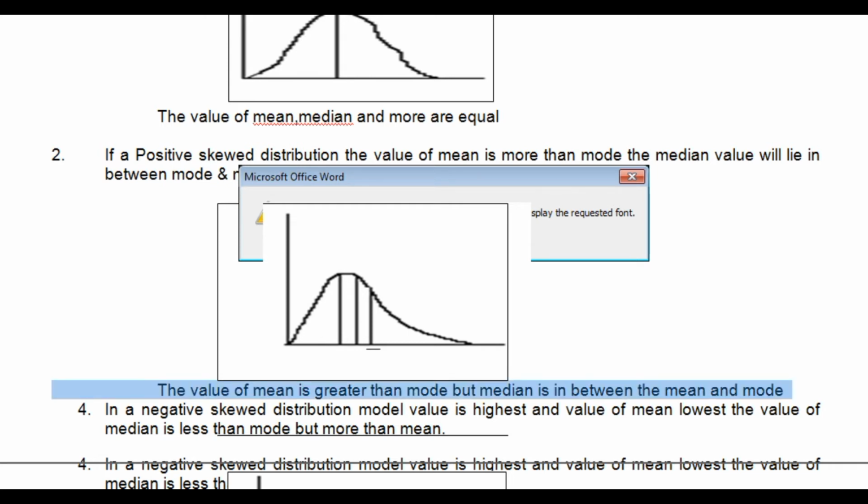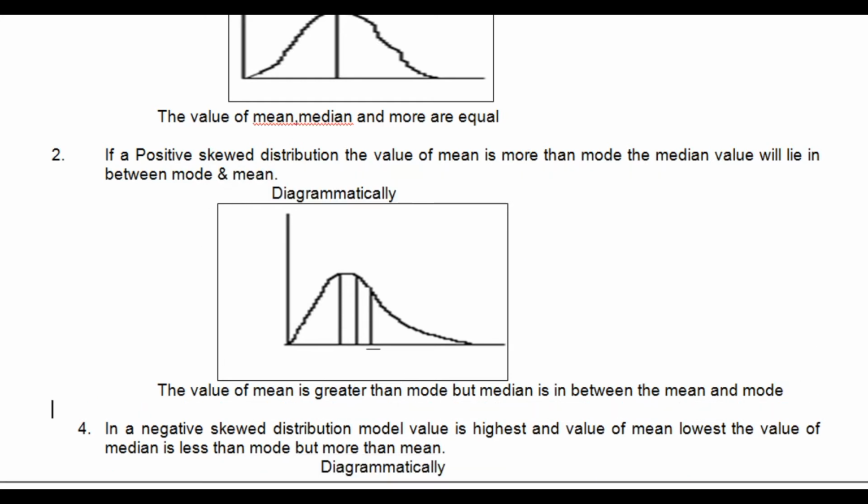If you see here, this first line is called mean, this line is called median, and this line is called mode.